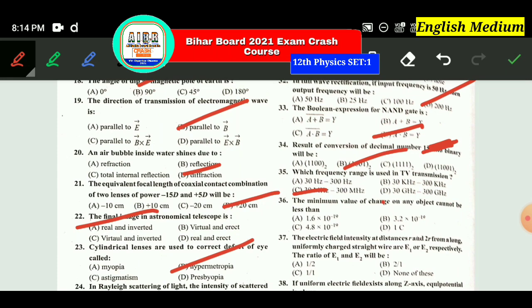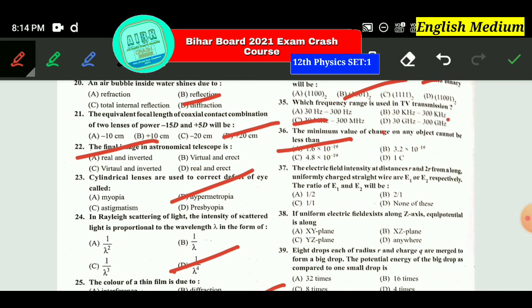The minimum value of charge on any object cannot be less than 1.6 into 10 power minus 19 coulomb. The electric field intensity at distances r and 2r from a long uniformly charged straight wire are E1 and E2 respectively. The ratio of E1 and E2 will be, the answer is 2 by 1.